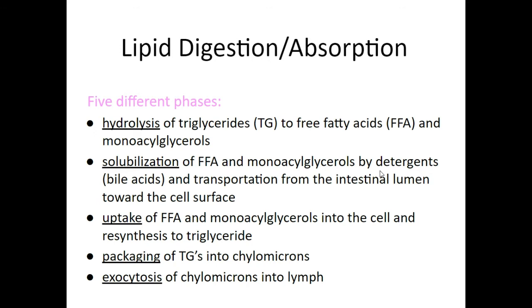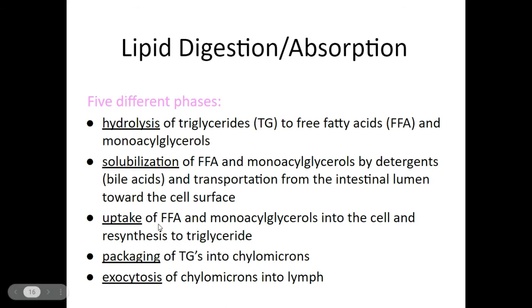So in our digestive system there are biological detergents called bile acids, so that these fats can freely interact with the aqueous, the watery environment of the intestinal tract. Okay?